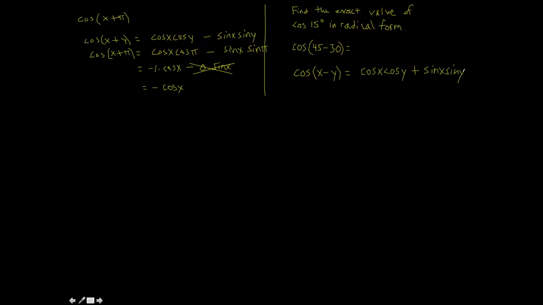Alright, so when I get ready to break this apart again, I can rewrite this as the cosine of 45 degrees, the cosine of 30 degrees, plus the sine of 45 degrees times the sine of 30 degrees.